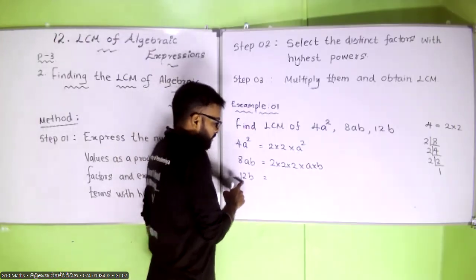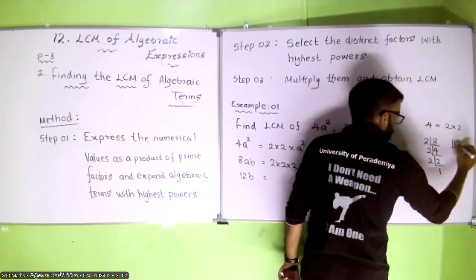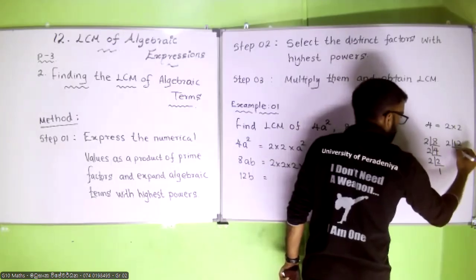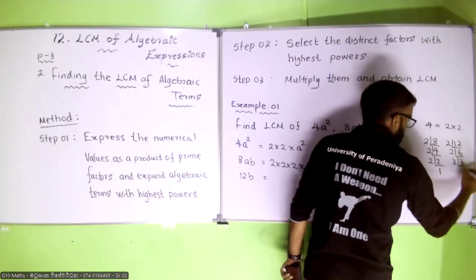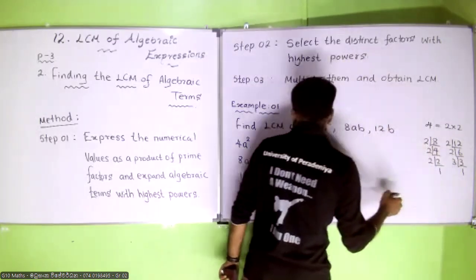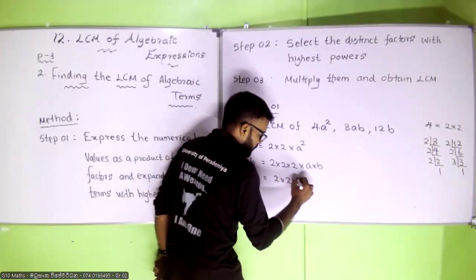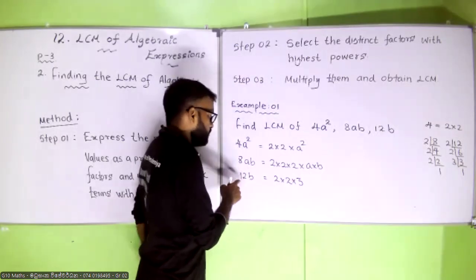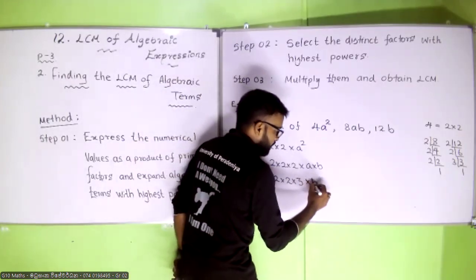And 12. Same way you have to follow. I will use 2 to divide: 2 times 6, 2 times 3, and until the quotient gets 1, so 2 times 2 times 3. 2 times 2 times 3 means 12, multiplied by b, the algebraic term.